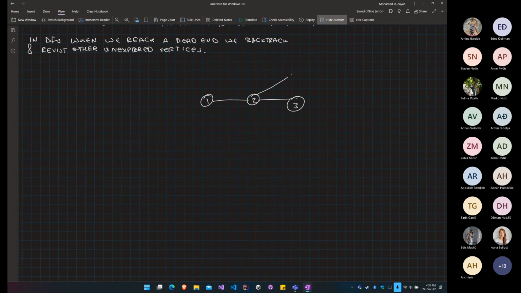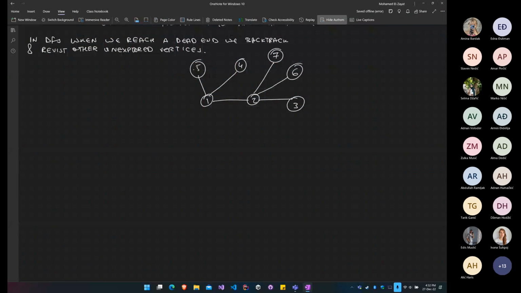It has like 6, 7, 4, 5. Okay, and I ask that you create a DFS starting from a certain vertex, because you have to name what is your starting point. So let's say I'm gonna pick up 1.